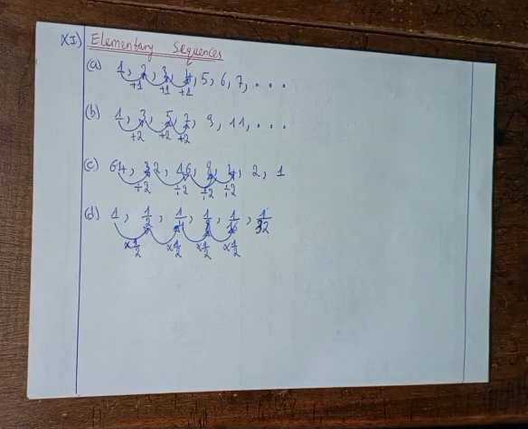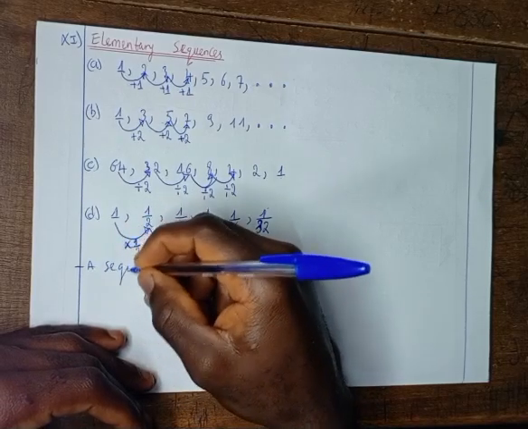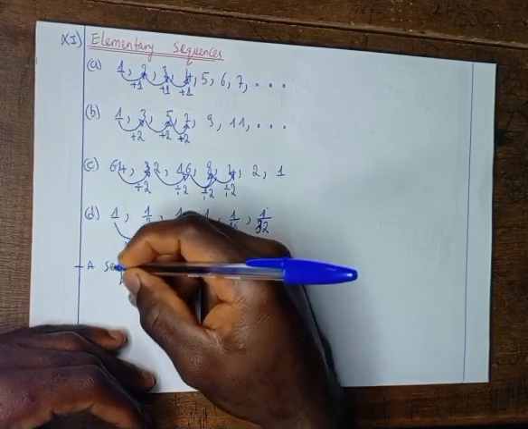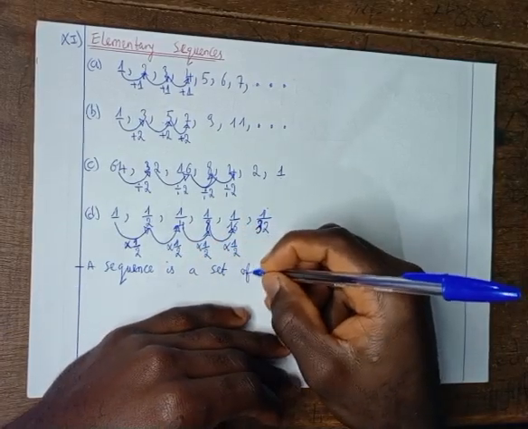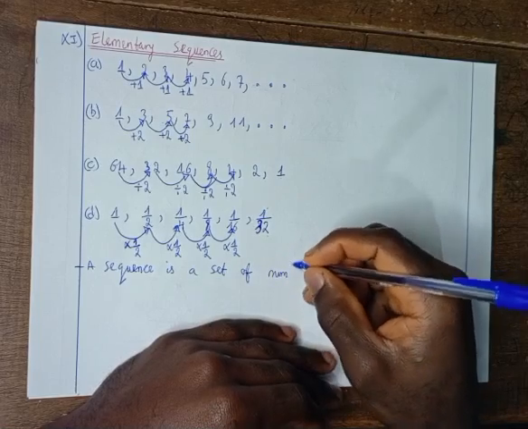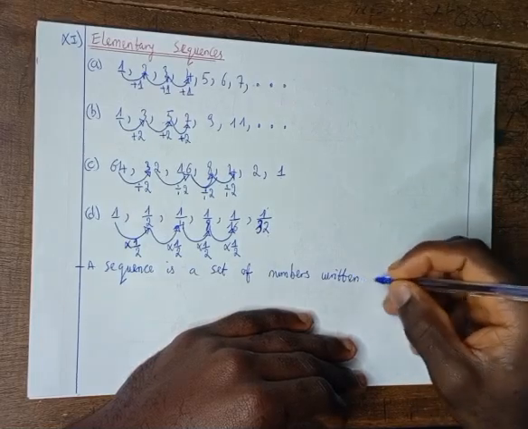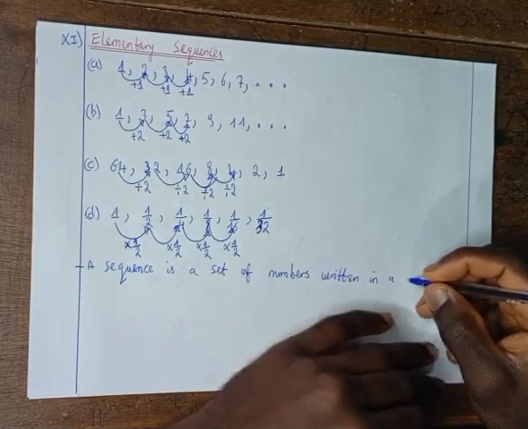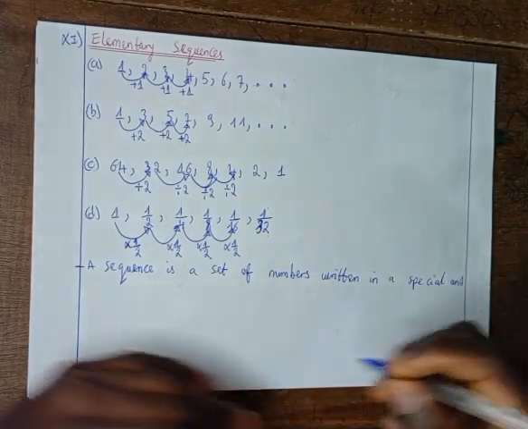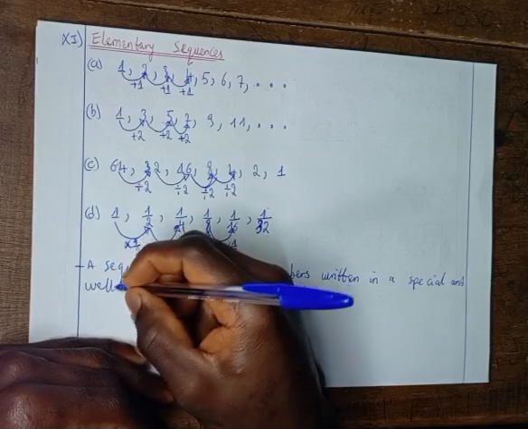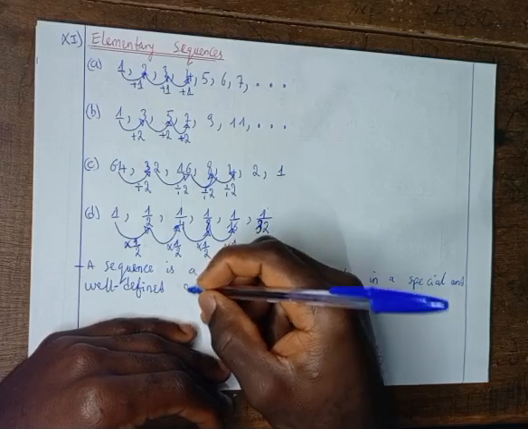Now let's write down the definition of a sequence. What is a sequence? A sequence is a set of numbers written in a specific and well-defined order. Take note of this, well-defined.